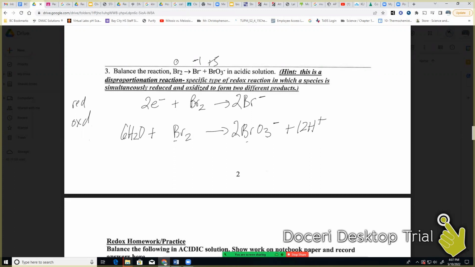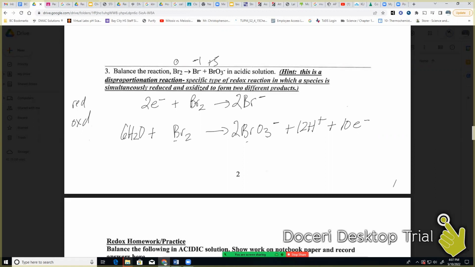And now what I need to do is my charges, which should be on my product side. On my reactant side, everything is neutral. On my product side, I have 12 minus 2 for a total of a positive 10. So that means I'm going to have to add 10 electrons. That is my balanced half reaction that I would need to write down if I'm asked for that.